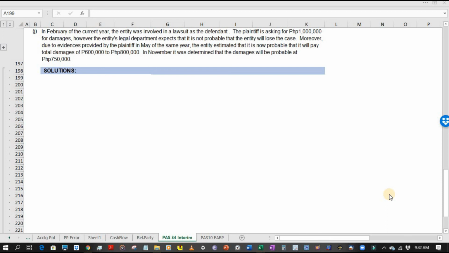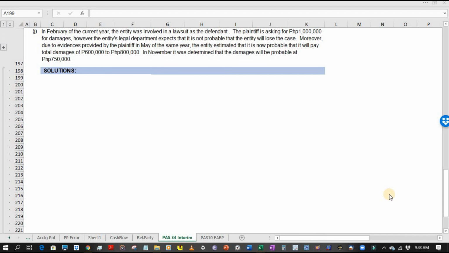In May, it is now probable that the entity will lose the case and it will pay total damages ranging from 600,000 to 800,000 pesos. So here we are given a range of possible amounts that the entity might pay. And in order to recognize a provision, of course, the best estimate shall be the amount to be recognized as an expense or a provision.